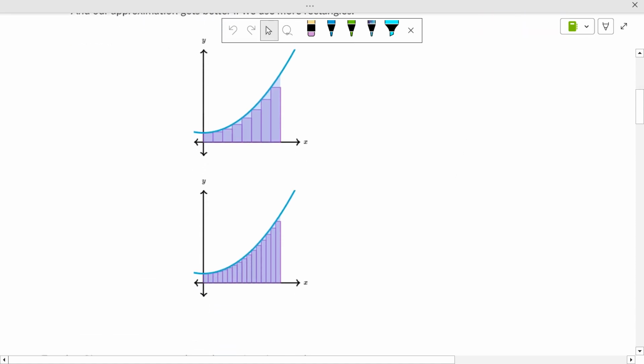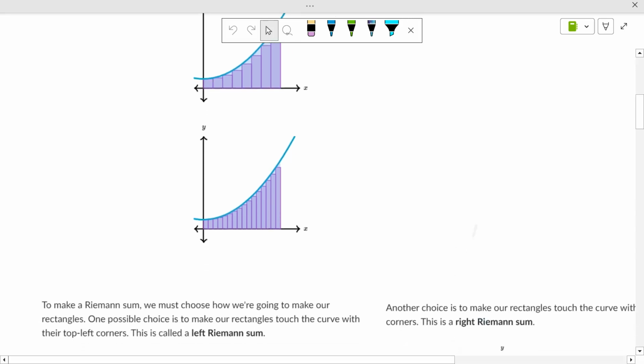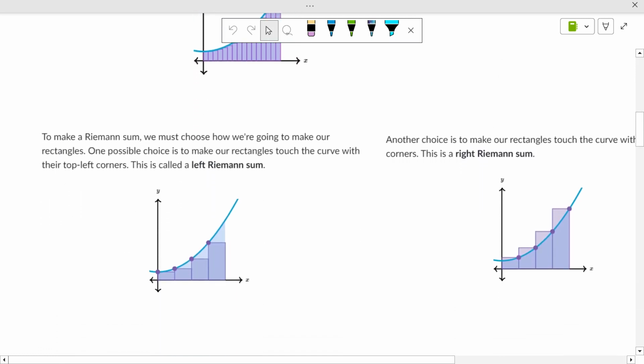If we get even more rectangles, we get even less area that we miss. If we get our rectangles to be little microscopic rectangles that are straight lines, then we fill the whole area. And that's what this guy Riemann figured out how to do, is find the area under the curve using rectangles.